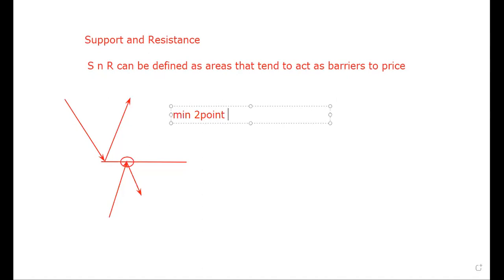I repeat, for you to say this support or this resistance that you have drawn is valid, you should be able to look historical. When price got to this point in history, did it reverse either upward or downward? The moment you see that price got to this point and it reversed, it means that it has the possibility of repeating history.